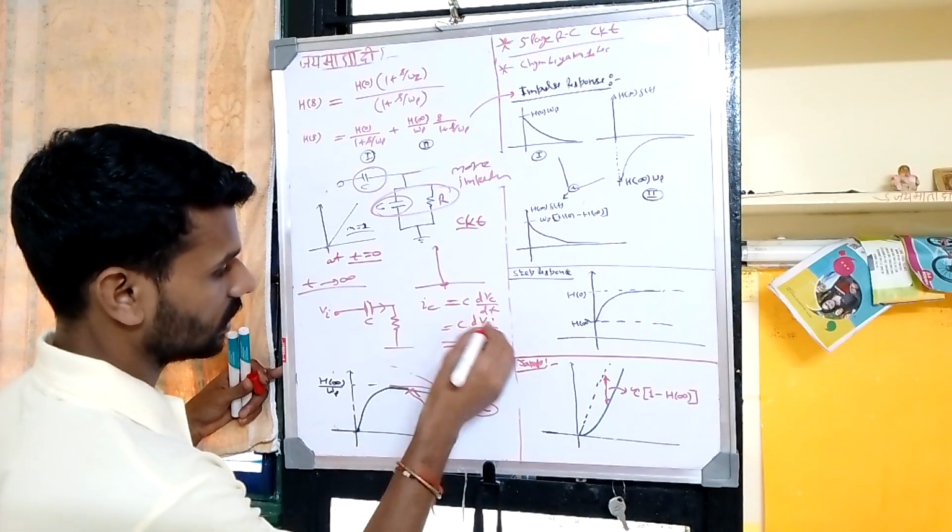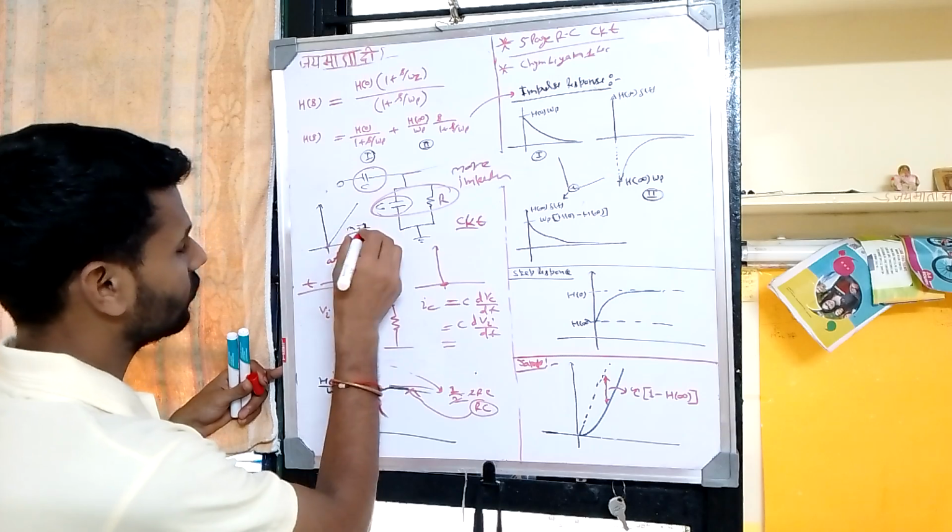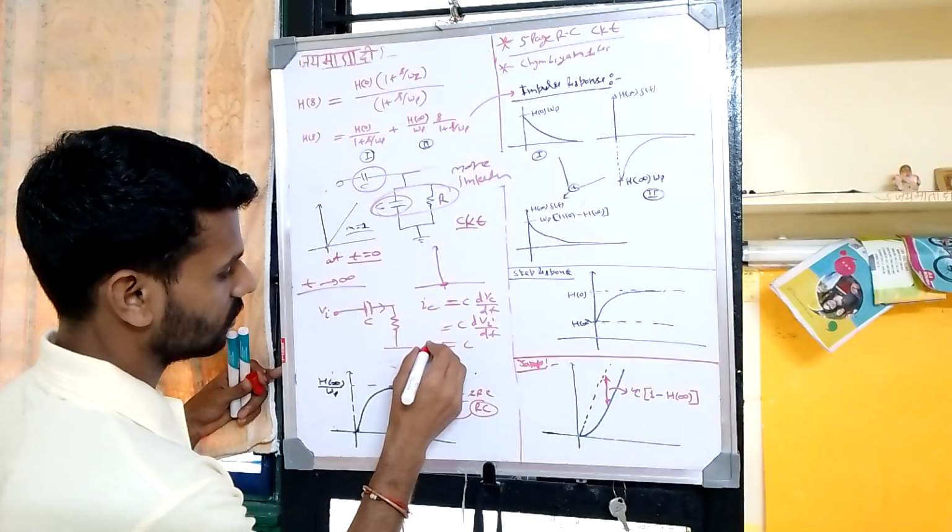Your input signal is a ramp with slope 1, so it becomes C only.